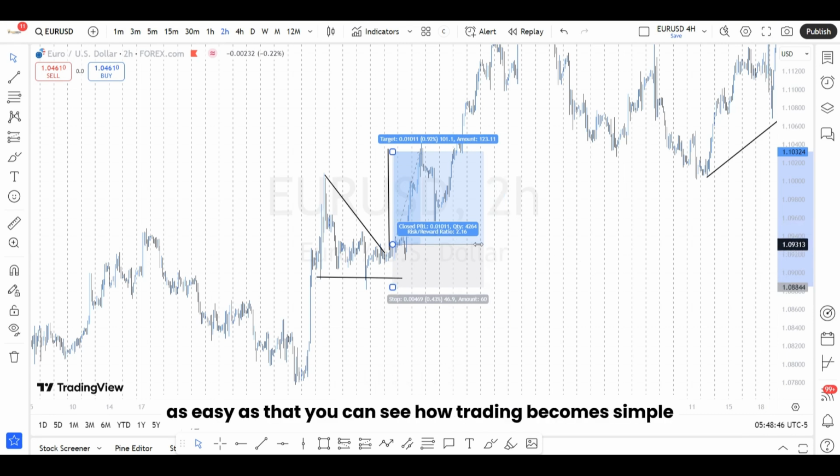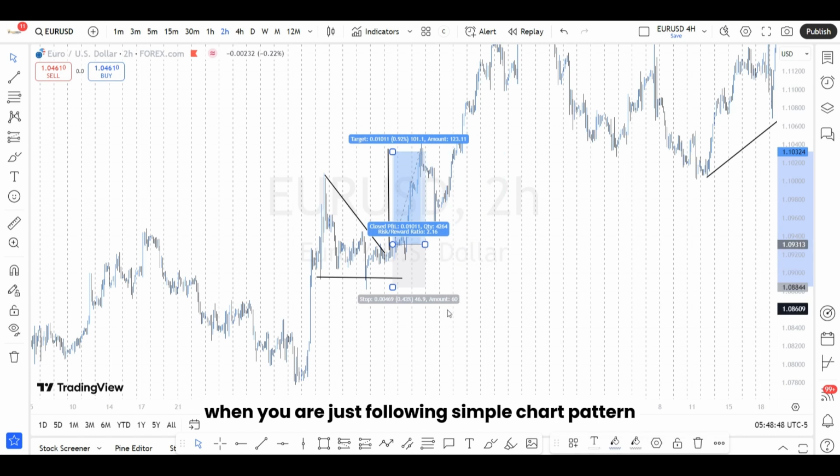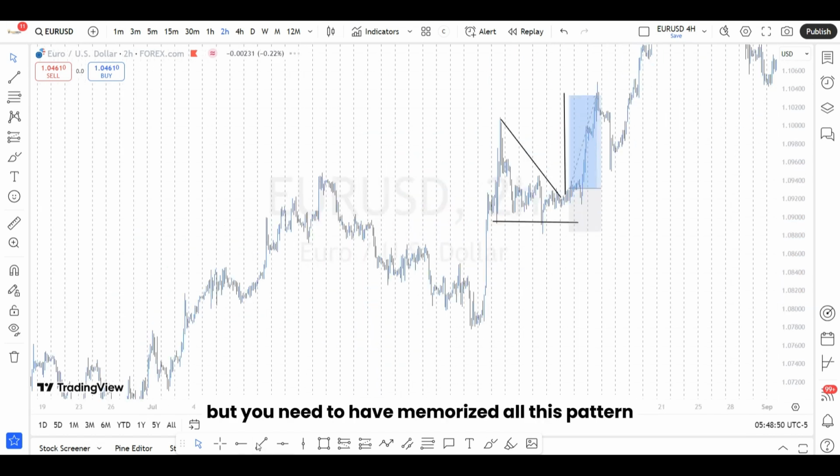You can see how trading becomes simple when you are just following simple chart patterns, but you need to have memorized all these patterns. You can see this area here also where we had this pattern.